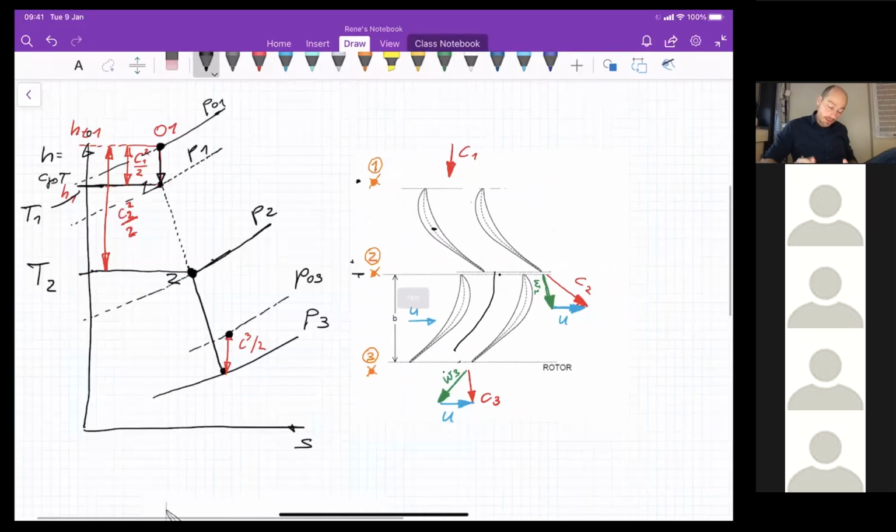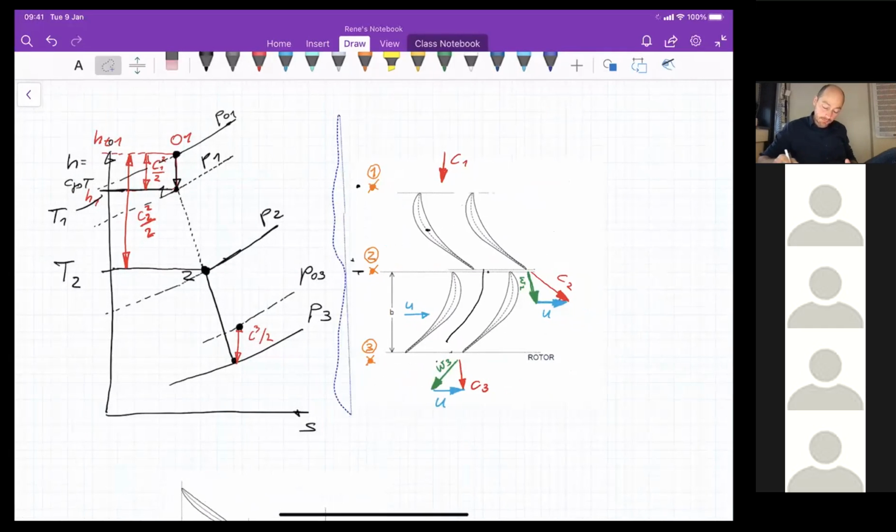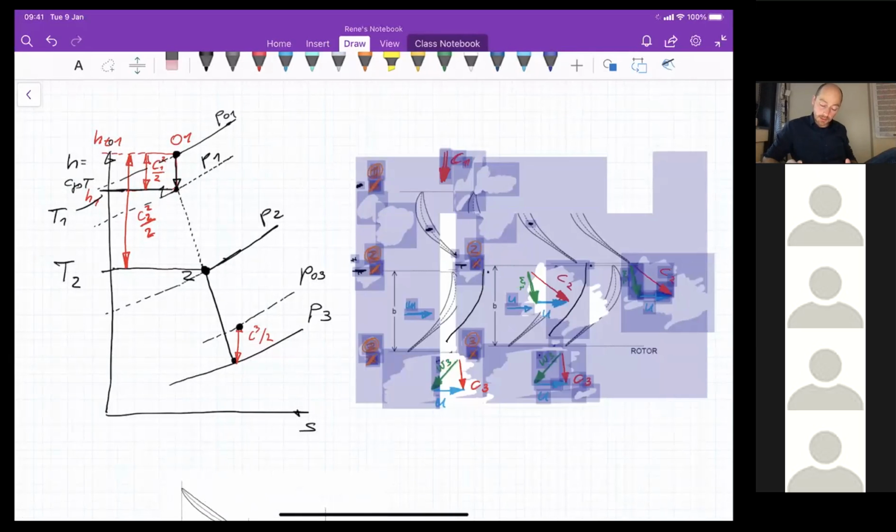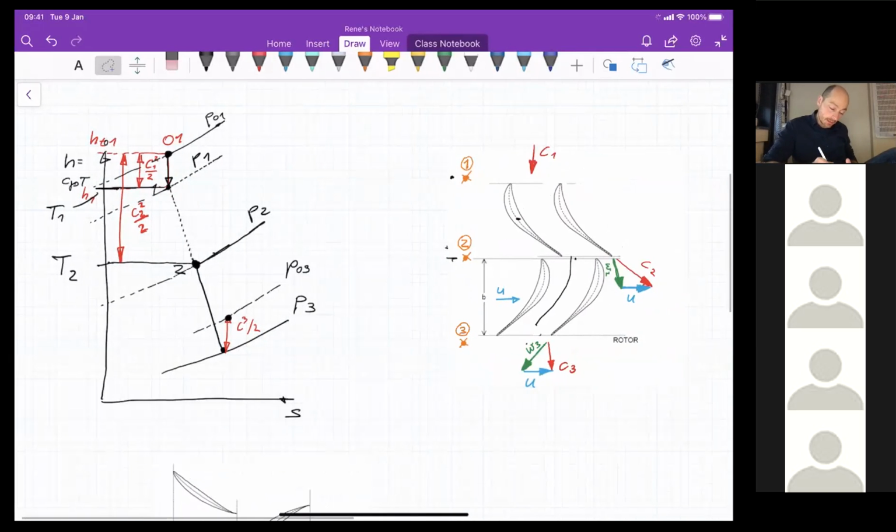A very important thing that you will see later when I use the Euler equation, and we can go faster through this, you will see that this part here and this part is my delta H, which is H03 minus H01.